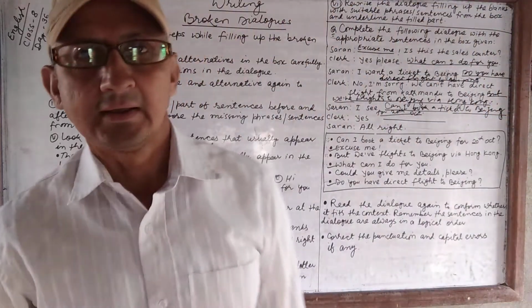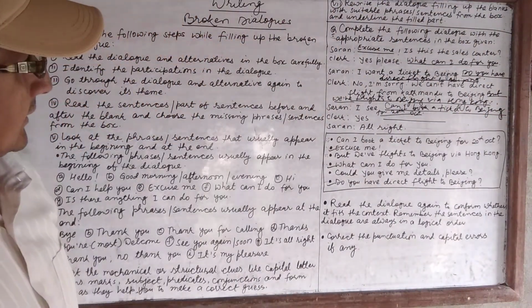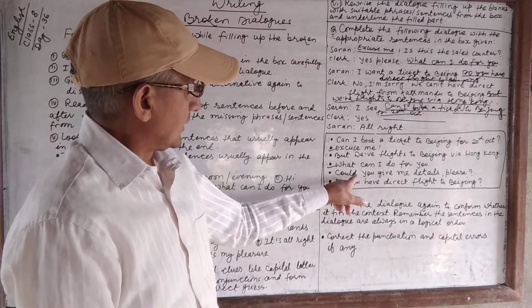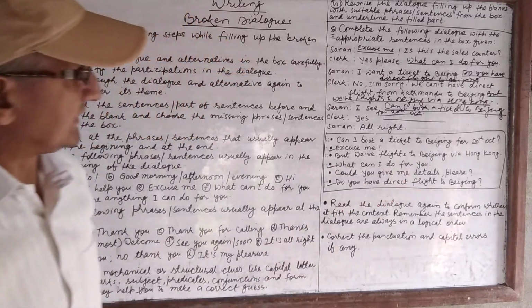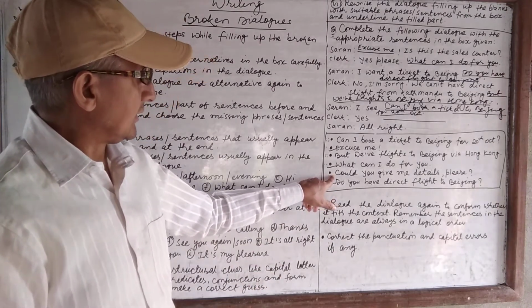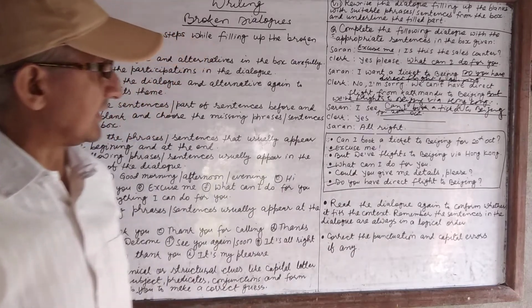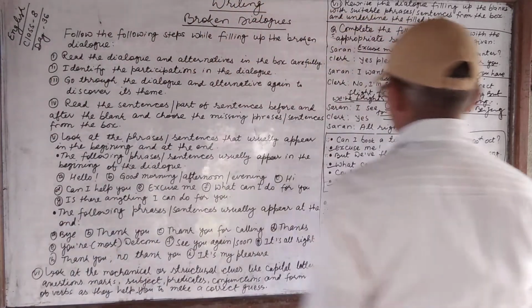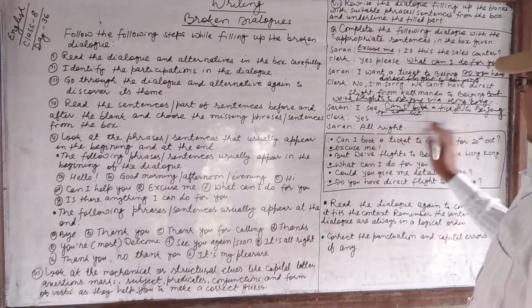Answer for this blank. Okay? And this, okay. The last, could you give me the details, please? The last sentence that left here is, could you give me details, please? Is the suitable words for this blank. Okay?